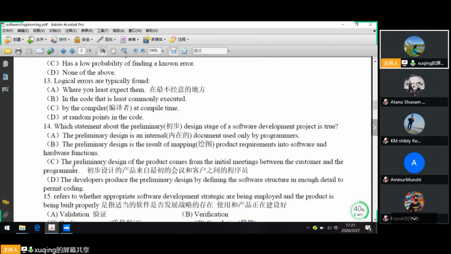Here, in the preliminary design, we need to make sure that customers and developers agree with the specifications, the requirements.